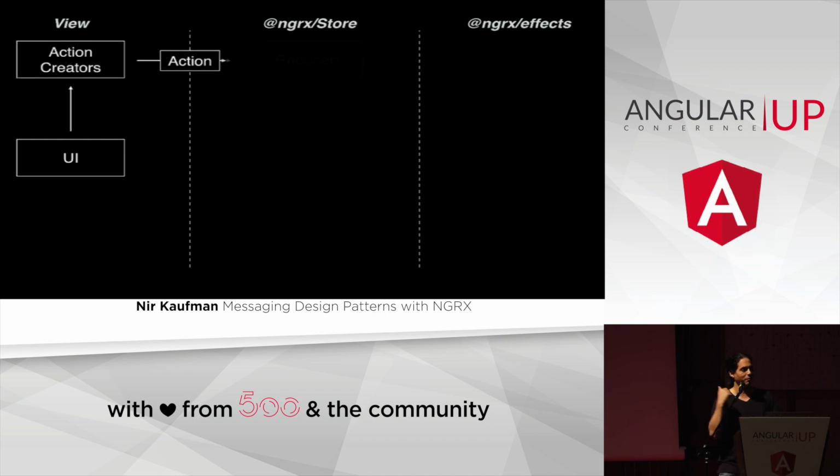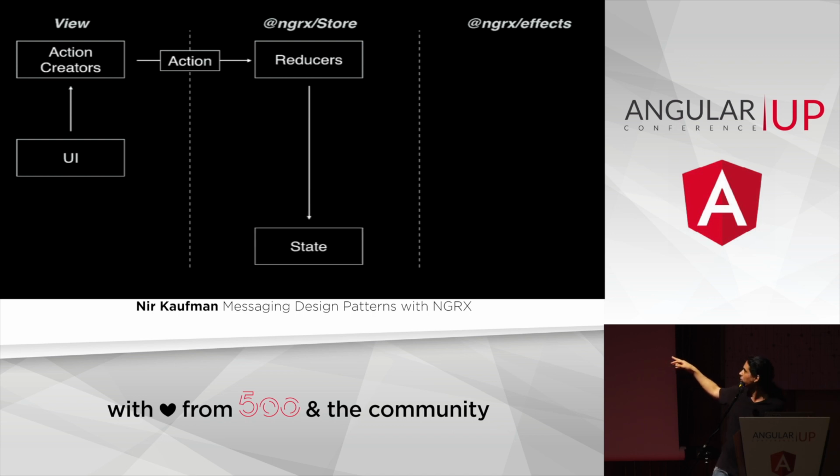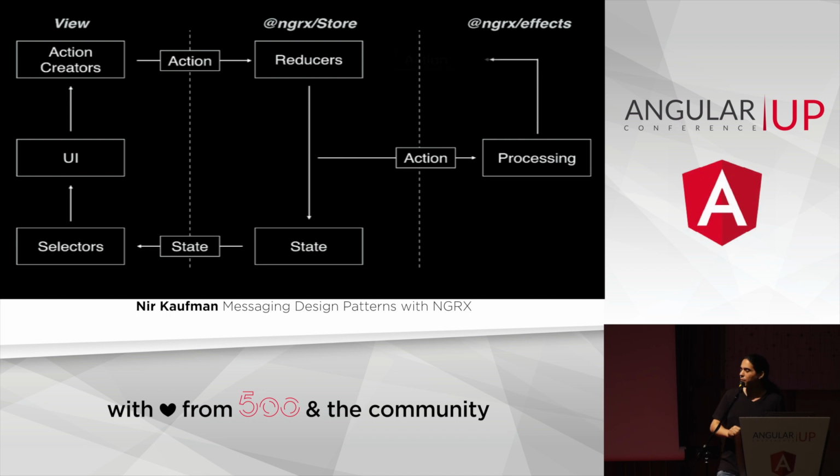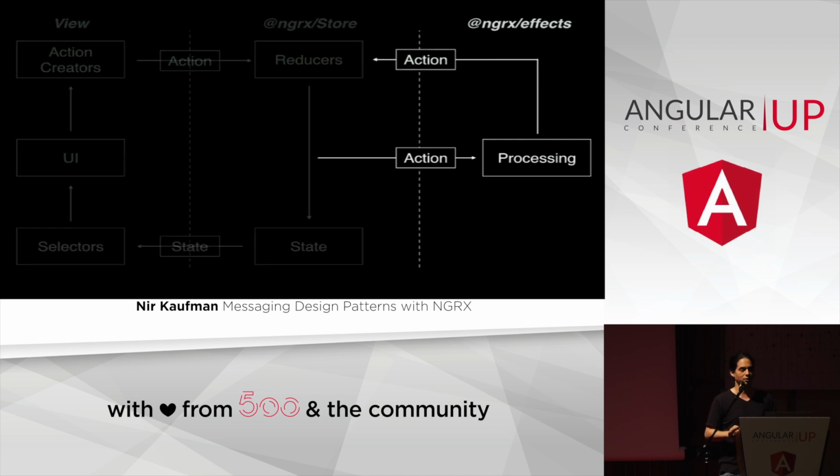I think most of us are familiar with this kind of diagram. The classic NGRX. Let's enjoy the amazing animations. So the important component of Redux in general, and NGRX is nothing different, is the middleware or the effects part of NGRX, because the rest of the pattern is just boilerplate code.